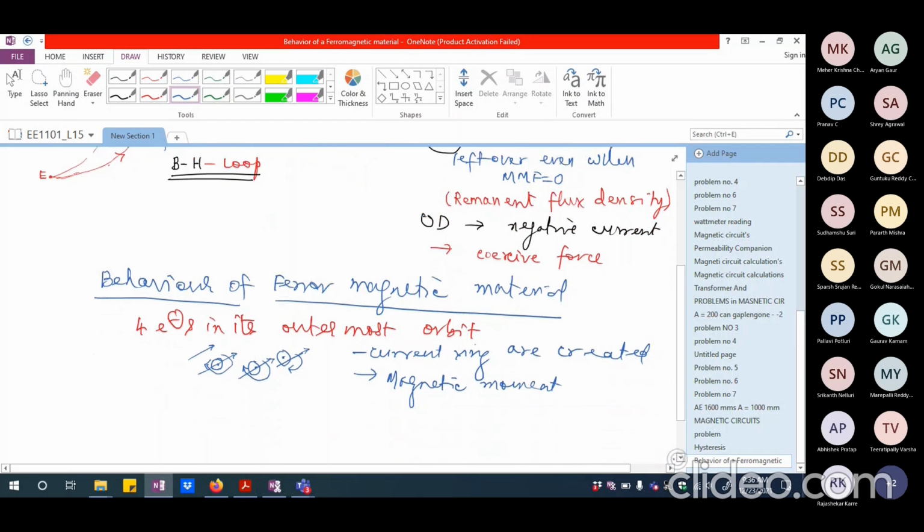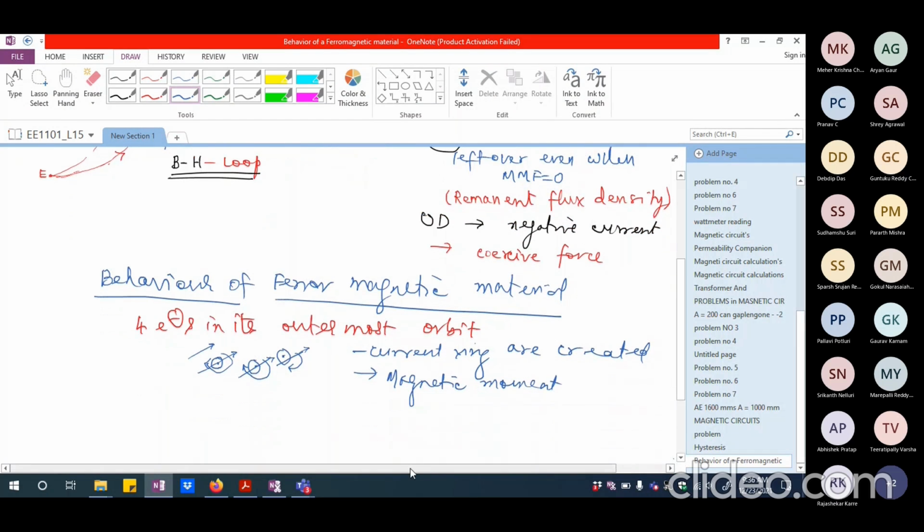Generally, if this is the complete piece of iron, it is divided into domains, and each domain is going to have a width of 10 power minus 4 meter, that is 0.1 millimeter.